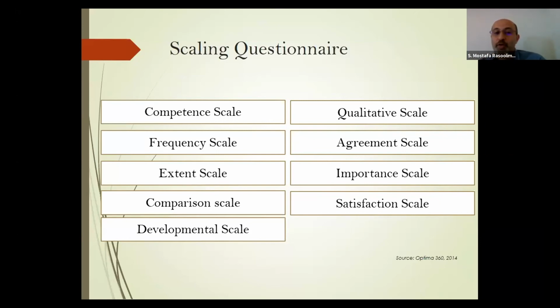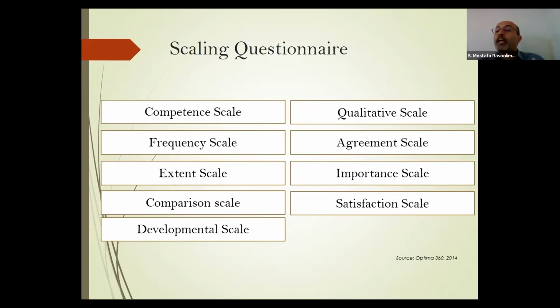We have many different types of scale: competency scale, frequency scale, extent scale, comparison scale, developmental scale. But the most common scale that many studies use is the agreement scale. We provide a statement and ask the respondent to say their agreement with this statement from strongly disagree to strongly agree.